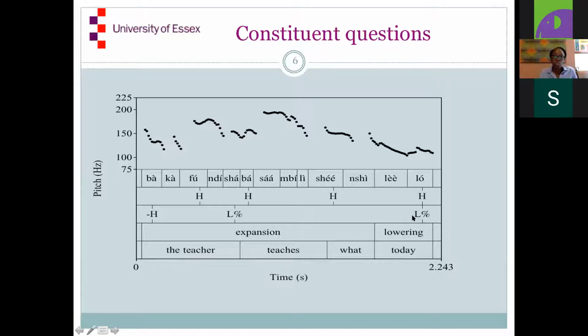For this question, the question word is here, and there isn't much raising in the pitch track at the word itself, but there is raising before it, on the verb.